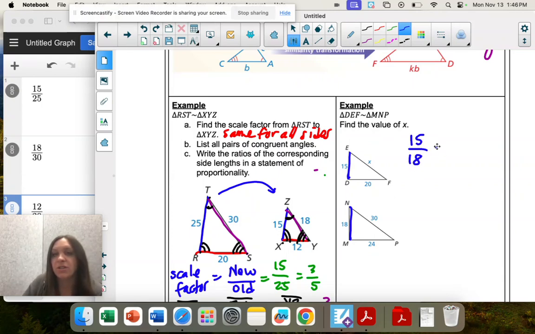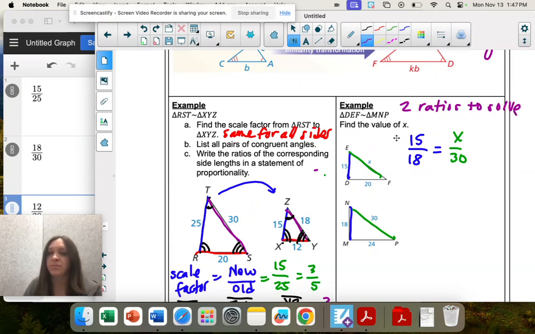That ratio is going to equal the same as X to 30. And it's also going to equal 20 to 24, but we don't need to use that, right? You only need 2 ratios to solve.